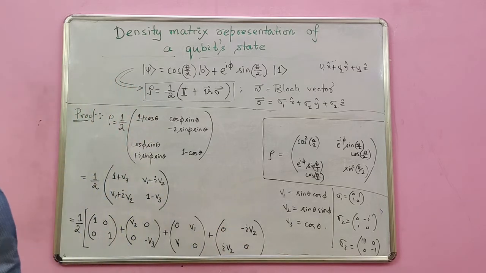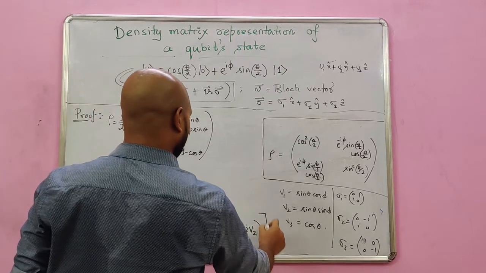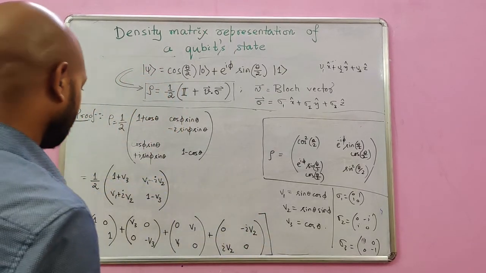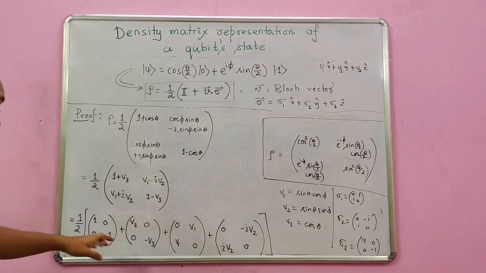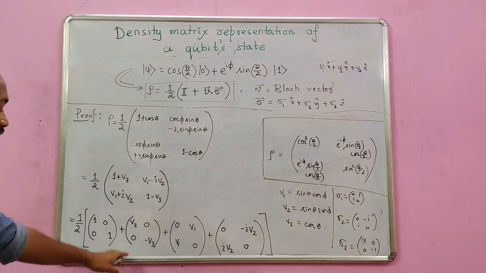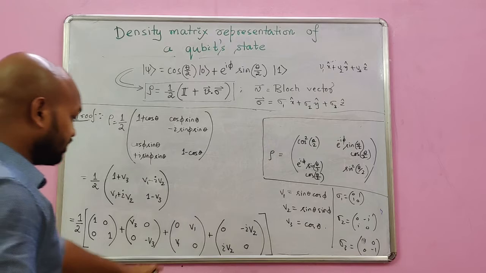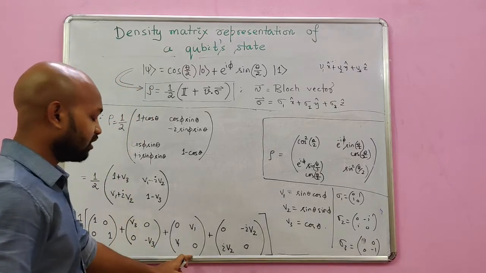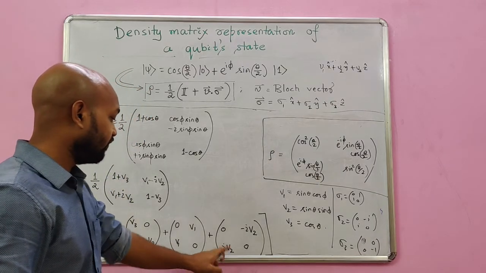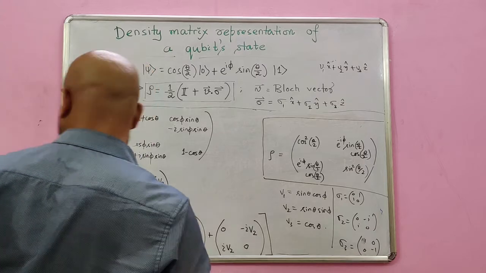Okay, we are almost done now. Just 2 steps remain. We could note that if I take this V3 outside, then it is nothing but the Z matrix. If I take this V1 outside, it is nothing but the X matrix. And if I take the V2 outside, it is nothing but the Y matrix.